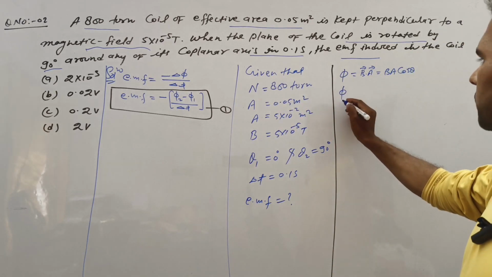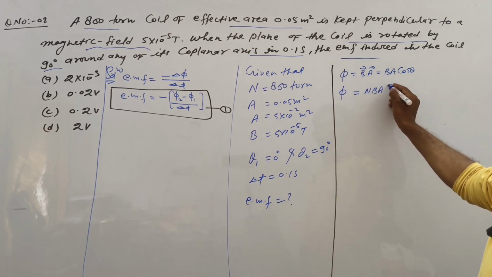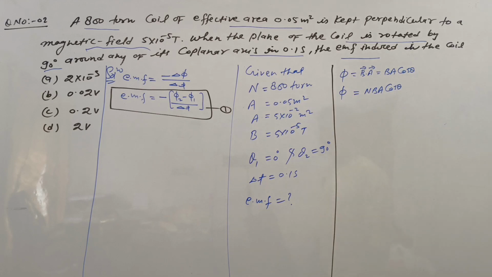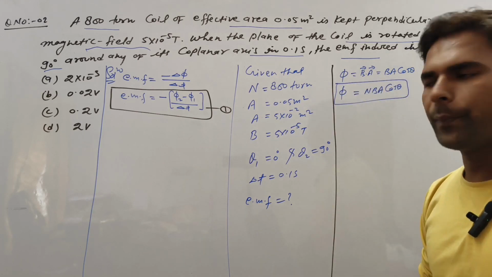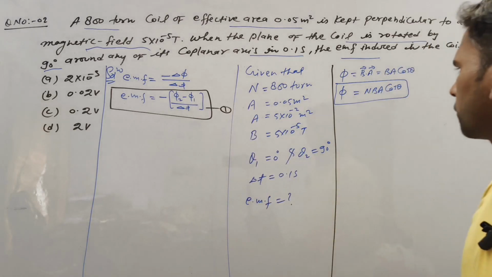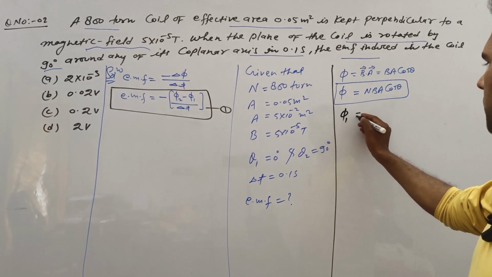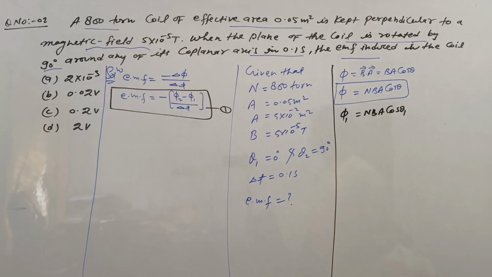So magnetic flux we can write as phi is equal to NBA cos theta. Very good. Suppose we are finding magnetic flux for the first situation, that is phi 1. So you will write phi 1 is equal to NBA cos theta 1.